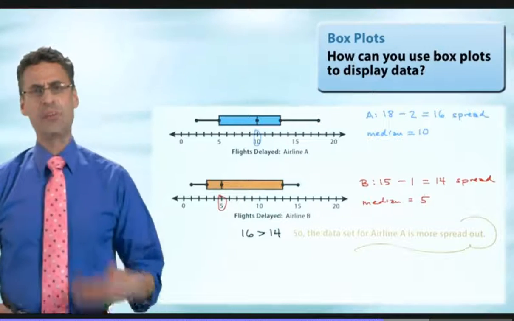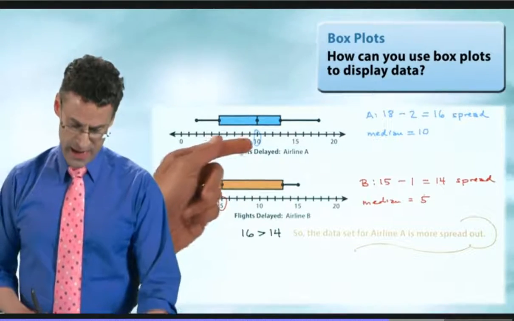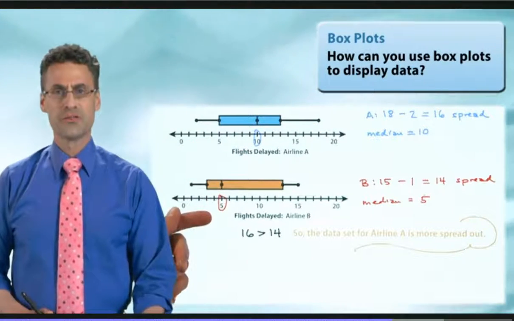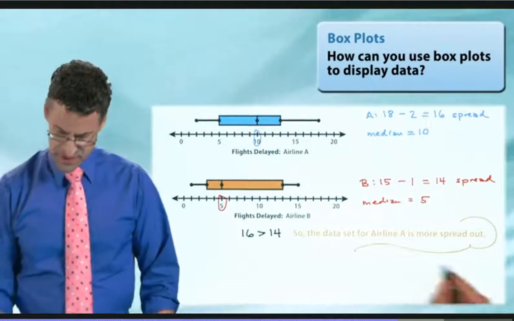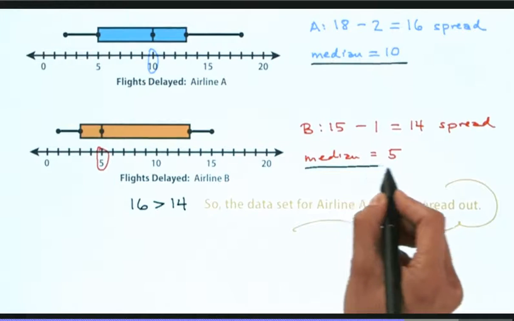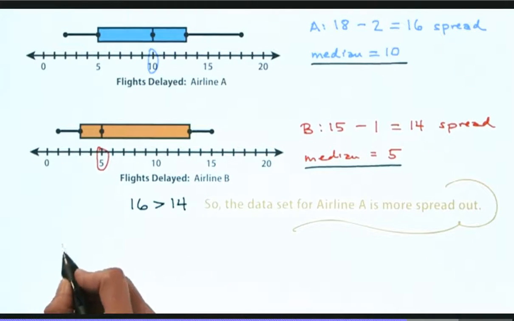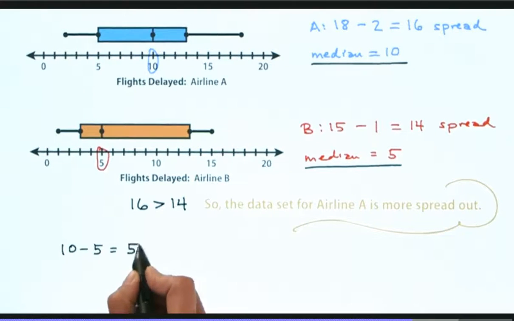So the question is, how much greater is the median number of flights delayed for A than for B? All we have to do now is look for the difference. We take the median here, which is 10, and subtract the median here, which is 5. So 10 minus 5 is 5.